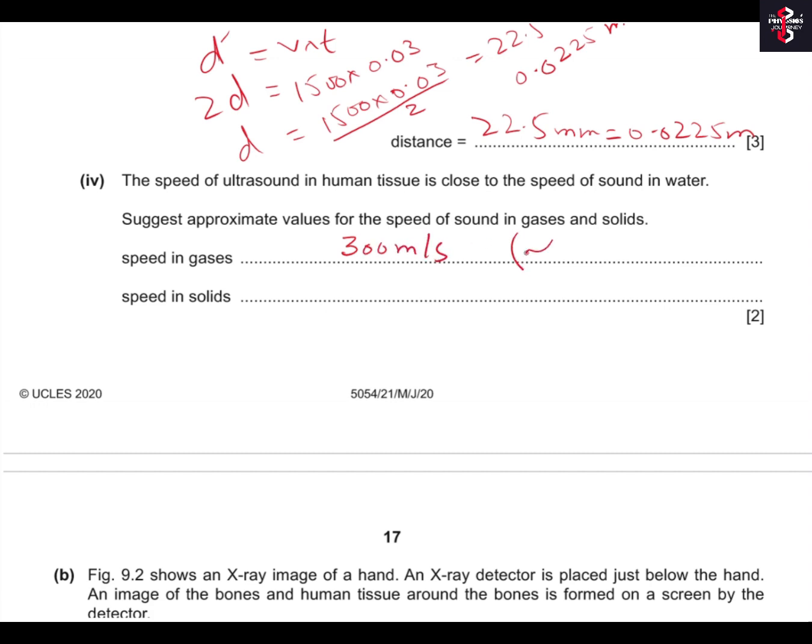Its range varies from 150 to 1000 meter per second, depending upon which gas the sound is traveling in. And in solid it is almost 5000 meter per second, depending upon the solid material. Its range is from 2000 to 8000 meter per second.